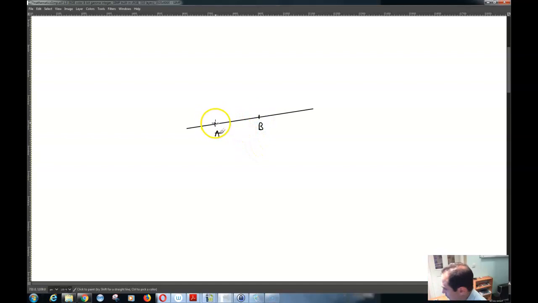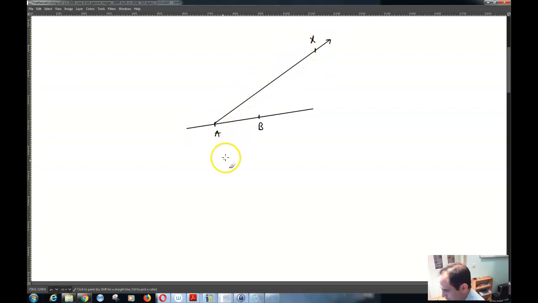From this point A, you need to draw a ray, any ray basically, something like this, and call it, for example, ray AX. Now on this ray AX, you need to use a compass and mark 3 equal distances.